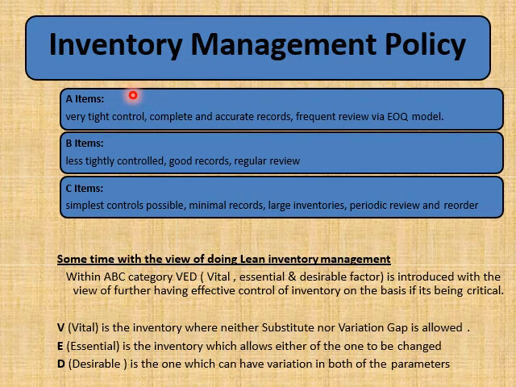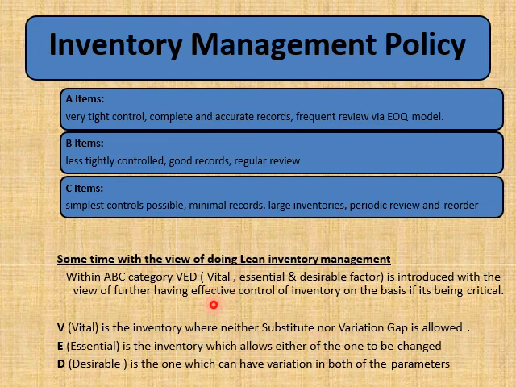high cost. Sometimes, with a view to lean inventory management, along with ABC classification we do VED analysis: vital, essential, desirable. VED is introduced with the view of further effective control of inventory on the basis of its being critical. V stands for vital, the items in inventory where neither substitute nor variation is allowed.